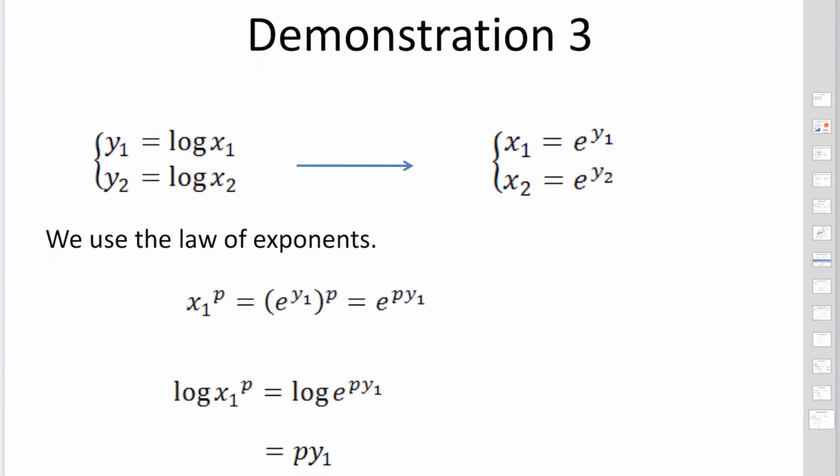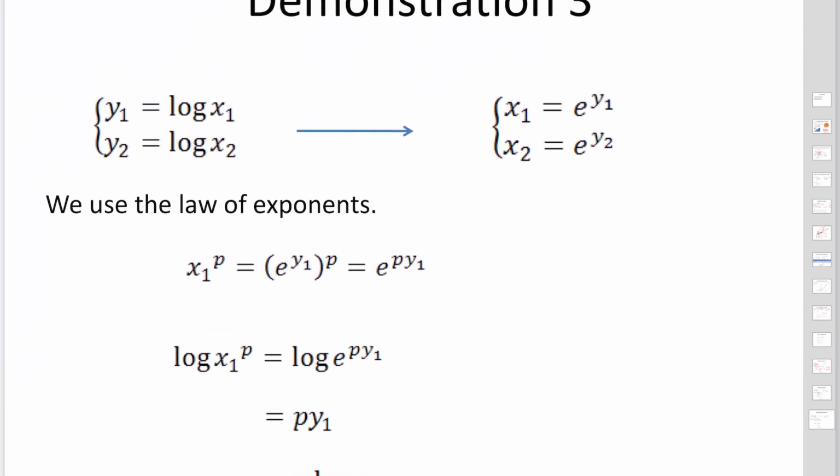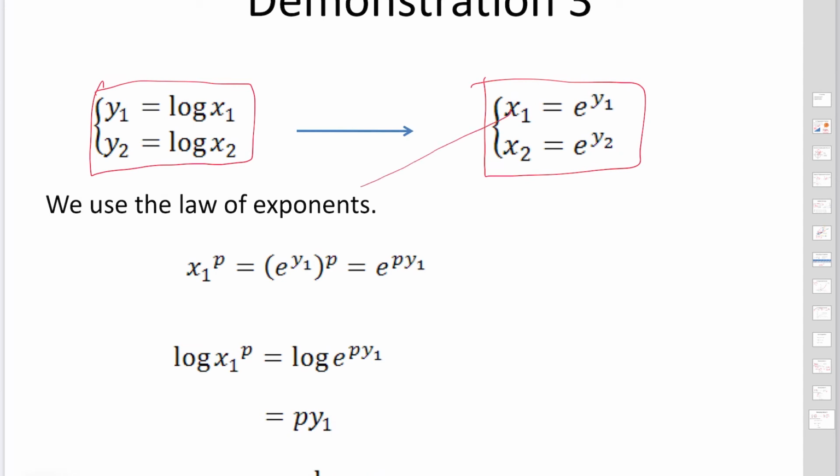And finally, the last formula for the log function. Starting with the exactly same equation, we express x sub 1 and x sub 2 with the exponential function. We consider x sub 1 to the p. So you can substitute this x sub 1 here, then exponential y sub 1 to the p. So it becomes exponential, with the power index p times y sub 1.